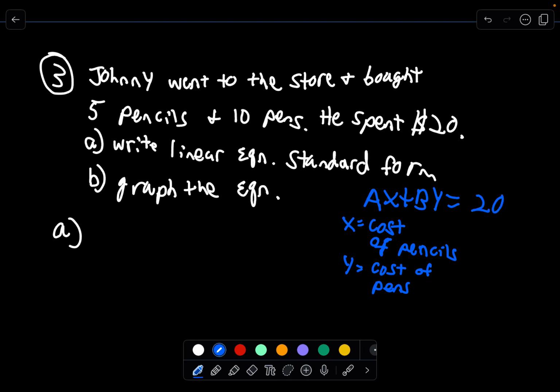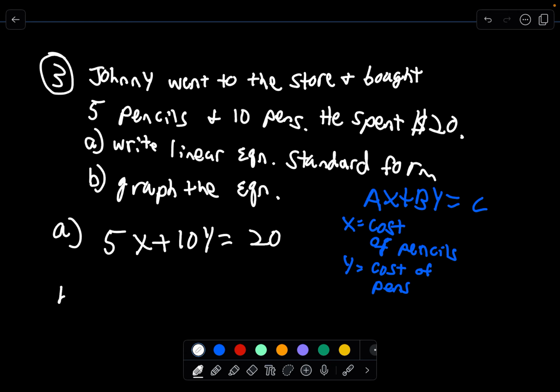Oops, sorry, that's just your standard, so that should be just C. All right, so we bought 5 pencils. Oh, that's supposed to be white. I hate it when you think you selected it and it didn't take. So it'll be 5 pencils, 5x, plus 10y equals $20. There's your equation.